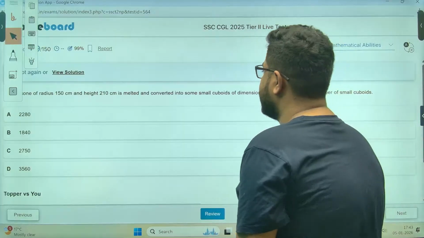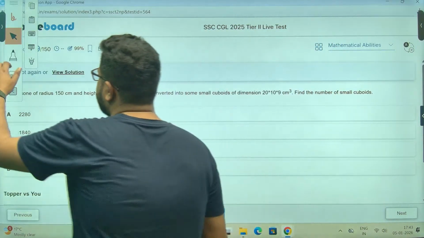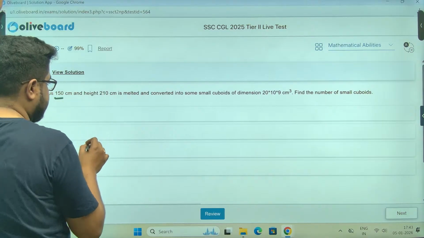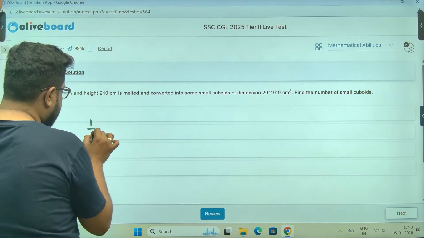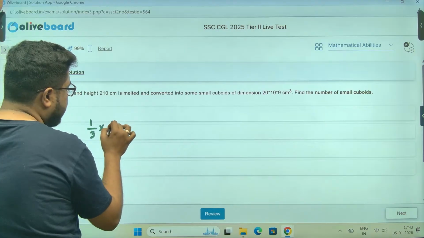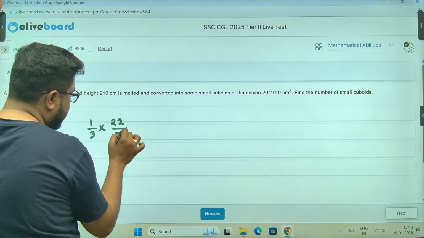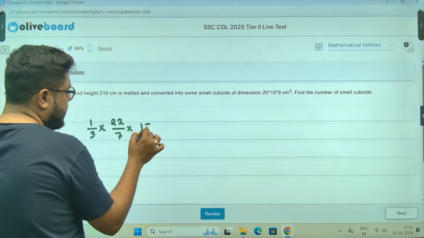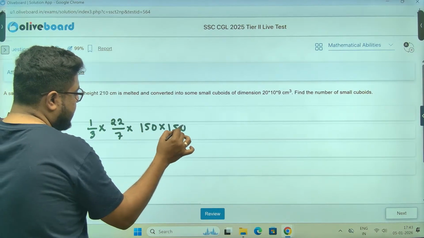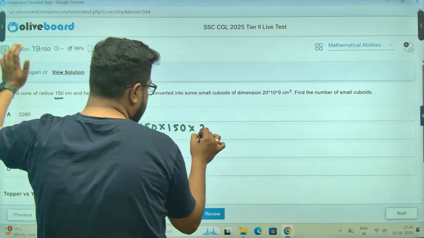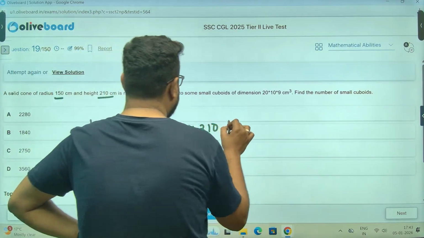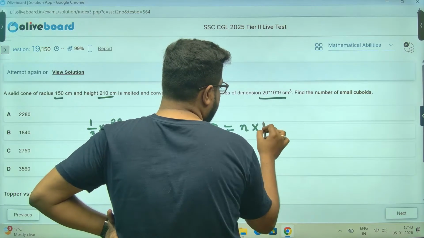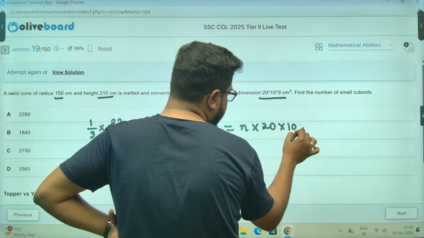Next one. Melted and converted. Again, meaning volume is constant. Solid cone of radius this. Meaning 1/3, the cuboid, meaning pi won't be there, so I have to take pi 22/7 into r square is 150, 150 into 150 into h is 210 is equal to n into, so each volume is 20 into 10 into 9.